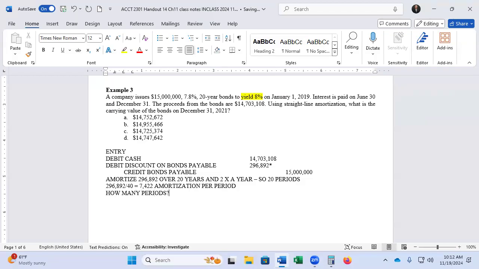How many periods? So we have January 2019 to December 31, 2021. So that's 6 periods. So we take the 6, multiply it by the 7,422, and that equals 44,532, which we add to the 14,703,108.